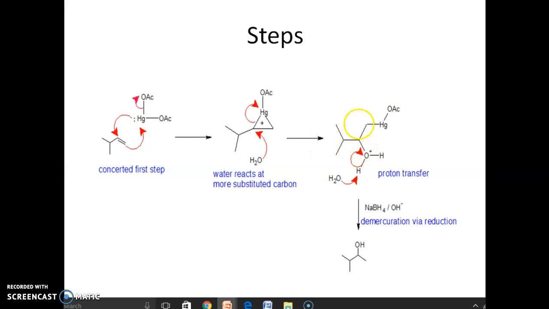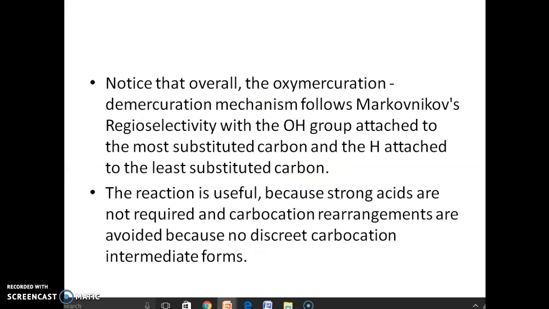To gain stability, the proton from the adduct is transferred to the solvent water molecule. Then there is a reduction of this product using sodium borohydride in the presence of alkali or base, which causes demercuration via reduction, giving the alcohol. These are the steps involved in the oxymercuration and demercuration reaction.